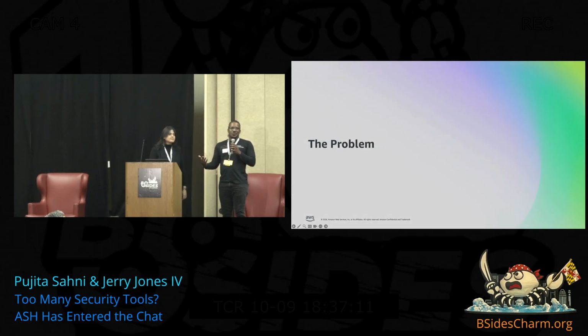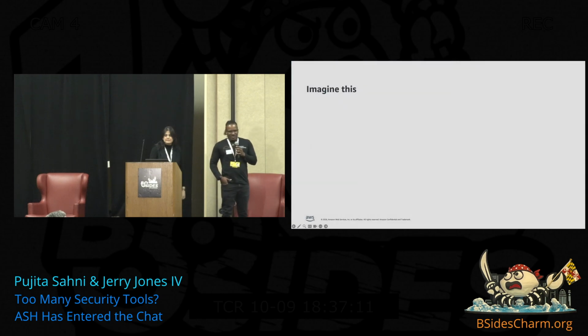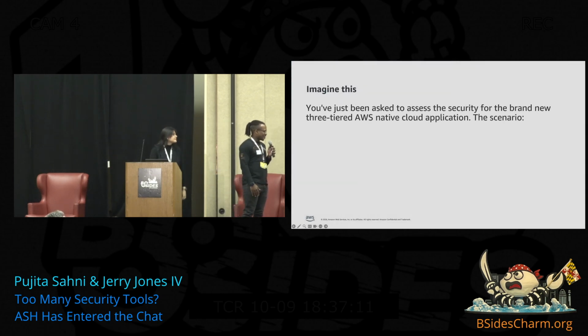So the actual problem, right? Imagine this scenario, for the young folks out here, for the experienced folks, brand new to an organization, and you are being asked to assess the security for a brand new application's 3-tiered cloud native application.